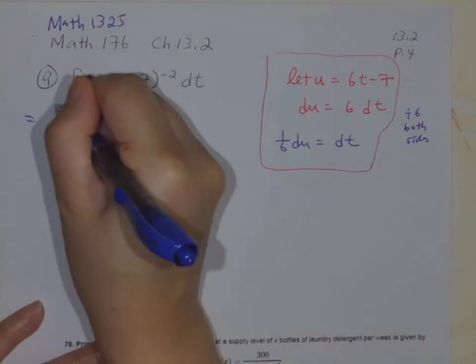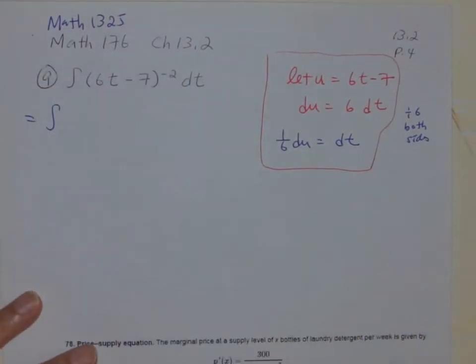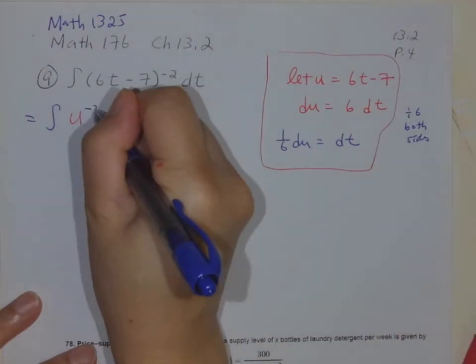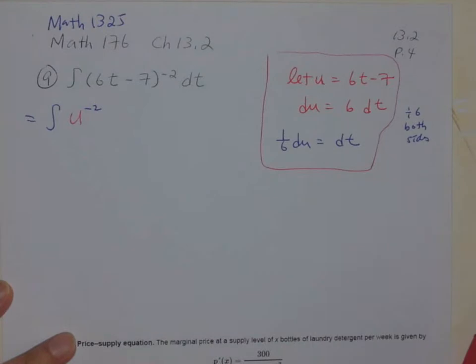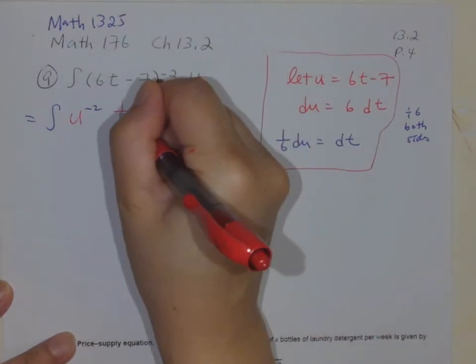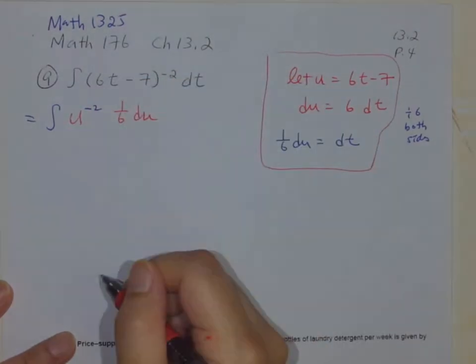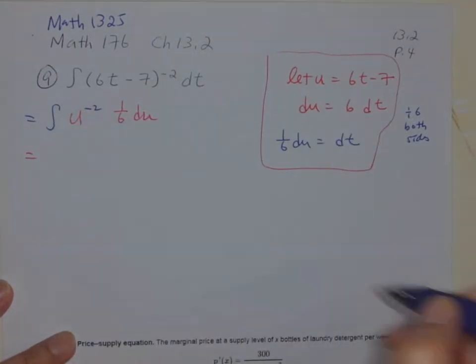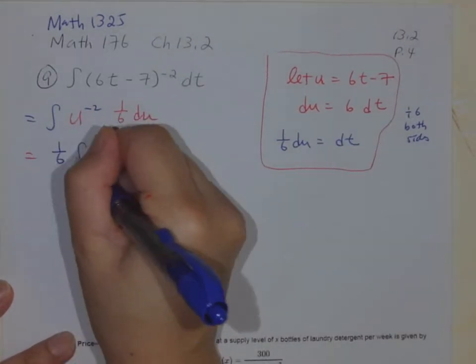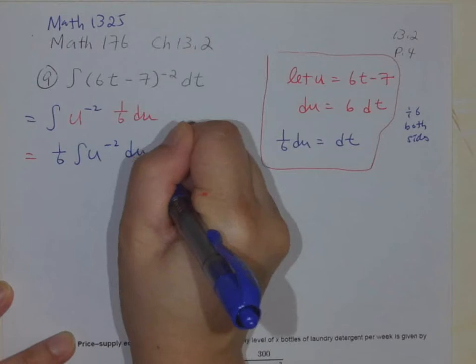We got integrations of, this is my u raised to -2 power, and the dt is the same as 1/6 of du, right? Okay, so taking integral of that, first I will move my coefficient out. 1/6 u -2 du, right?